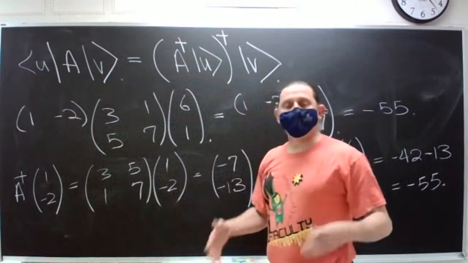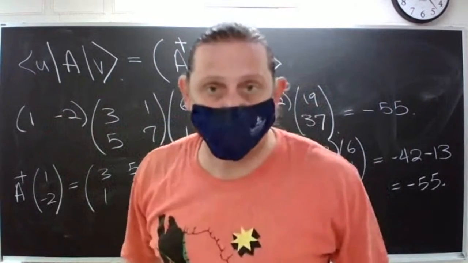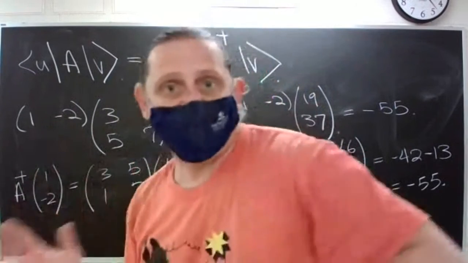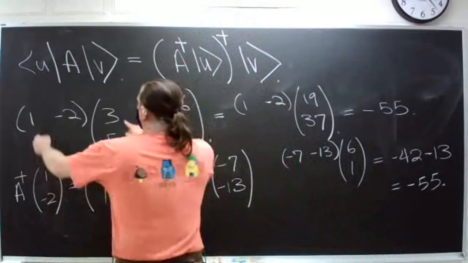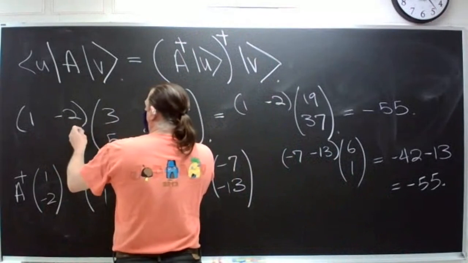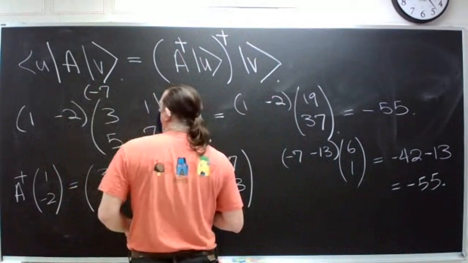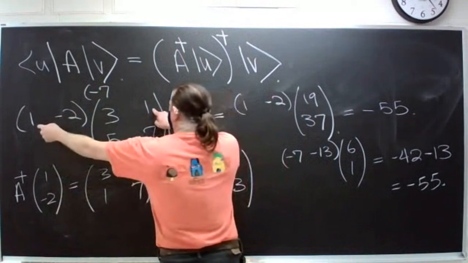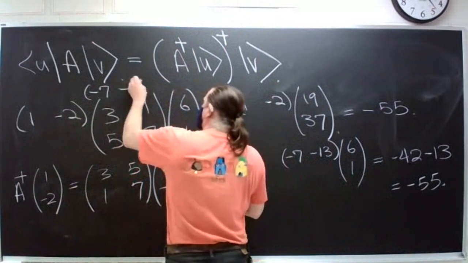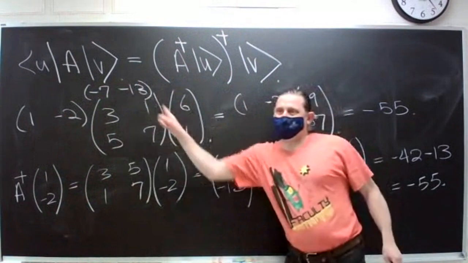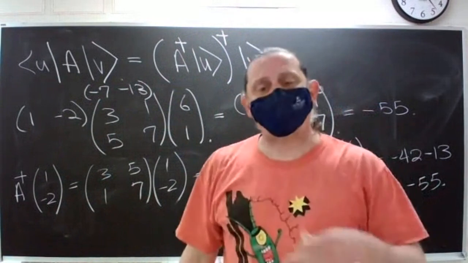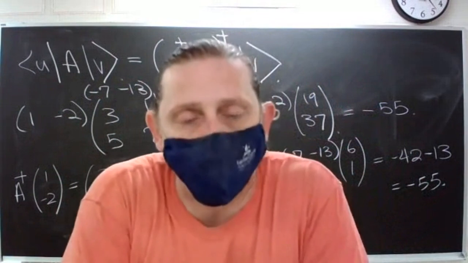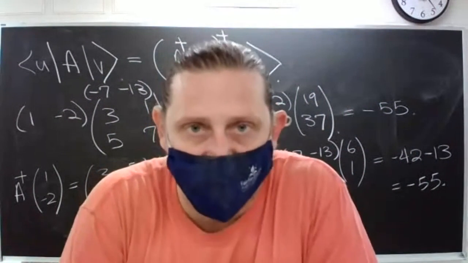And you could think of that quite obviously as A acting backwards. Let's see what it gives. So I would get 3 minus 10, negative 7. And then I would get 1 minus 14. You guys see that? So from that perspective, that's why the transpose gives the adjoint.